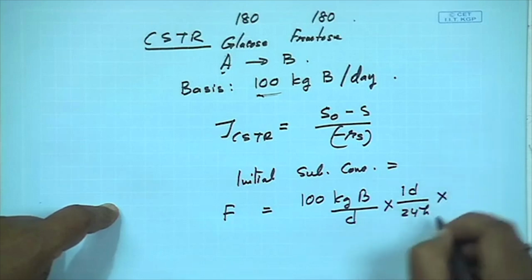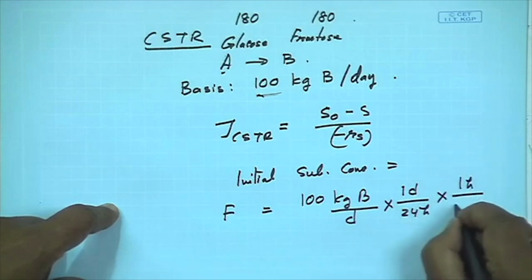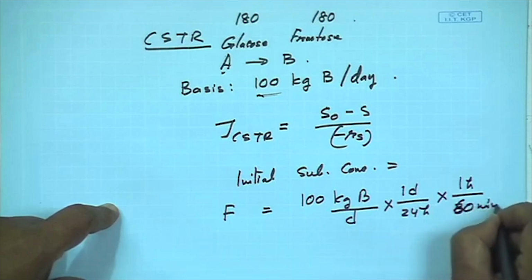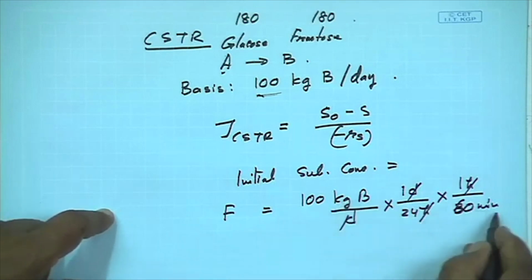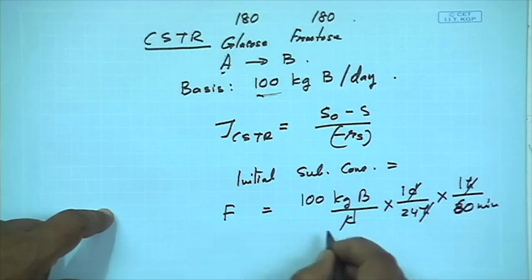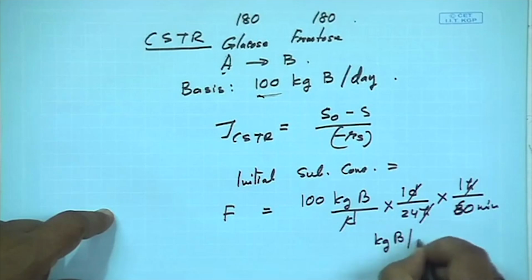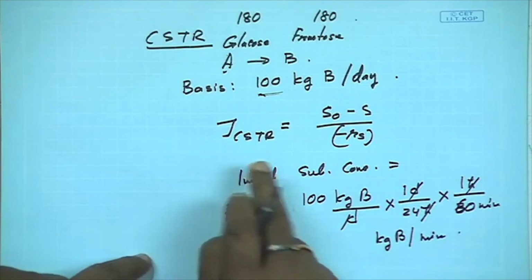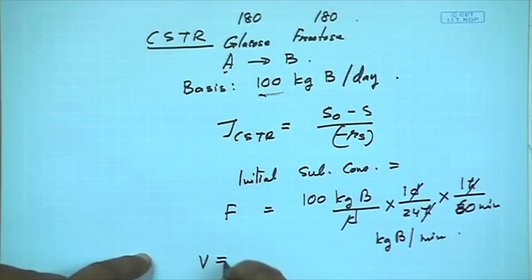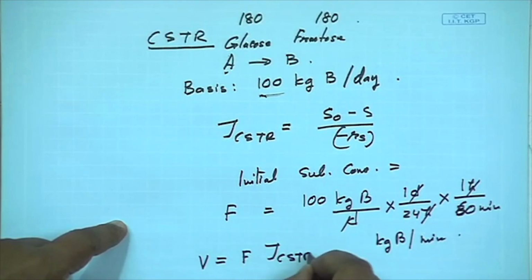And if you want to convert to minutes, 1 hour is equal to what? 60 minutes. So, hours cancel, day will cancel, and you can easily convert to kg per minute. If you do that, the flow rate will come as kg B per minute. Now, once you do that, if you multiply, V equals F into tau CSTR. You can do that.